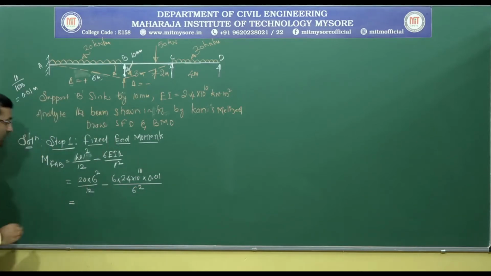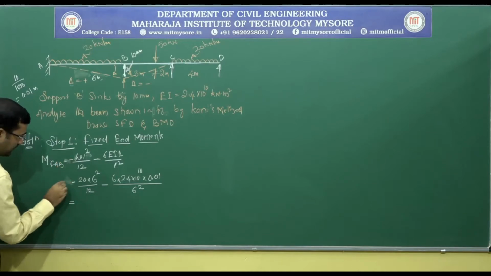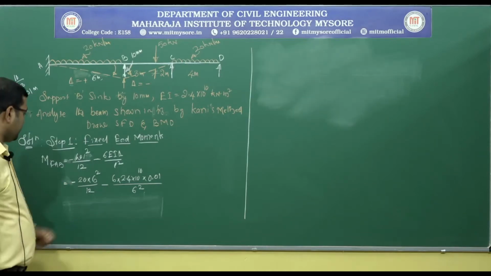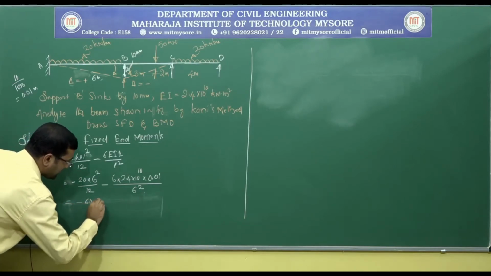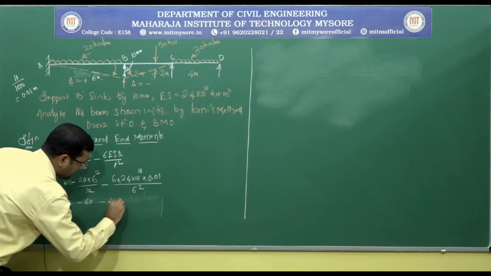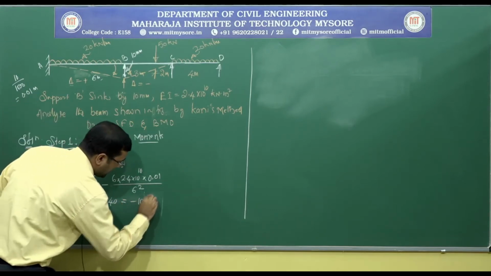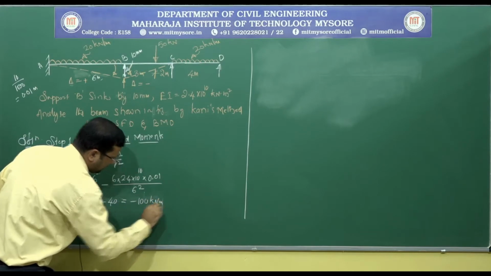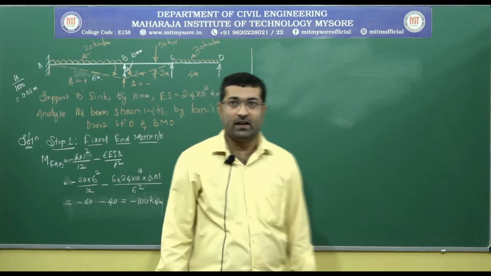So here we will get minus 60, then minus 40, which yields to minus 100 kilonewton meter.